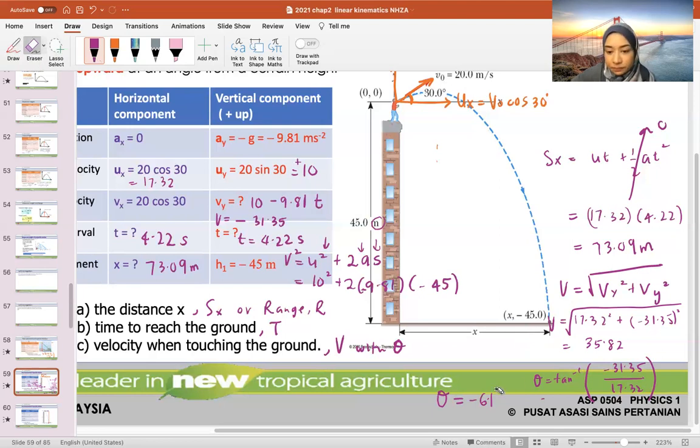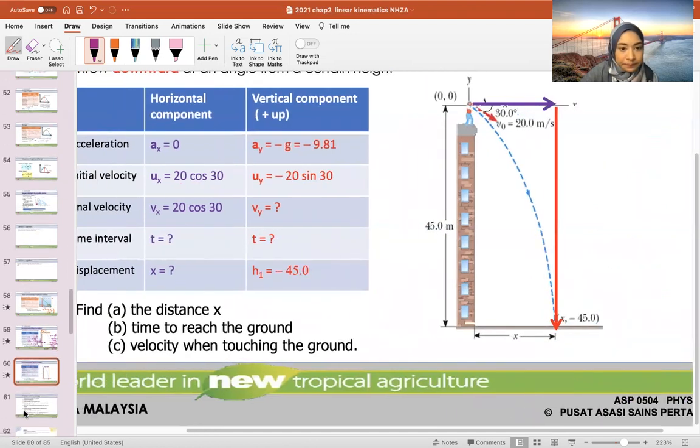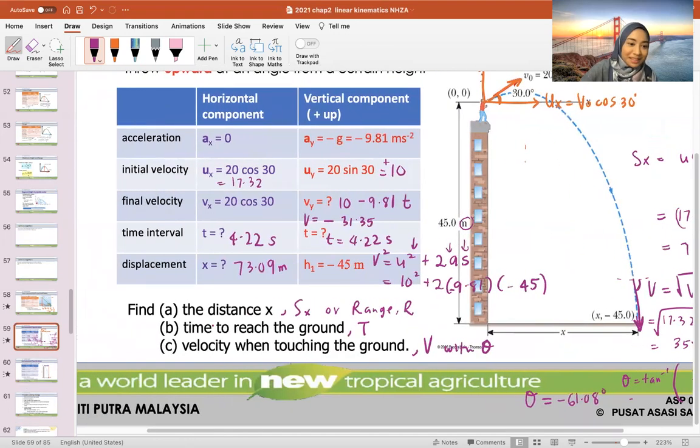Thank you. 61.08 degrees. So negative, immediately you know it's supposed to be below the x-axis, which makes sense because this is our vector and it is indeed below the x-axis. Okay, so let's see if the answer is correct. Oh, there is no answer, sorry. I'm supposed to make the answer, but I think this is correct.